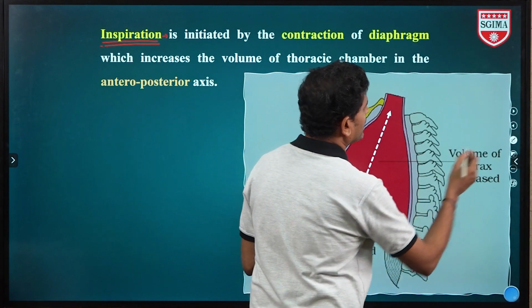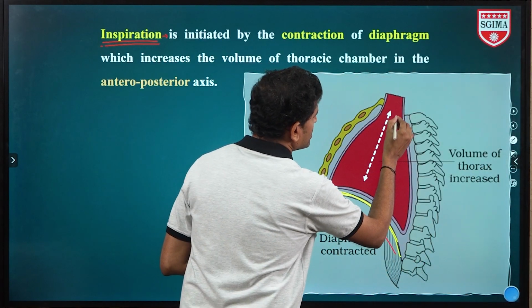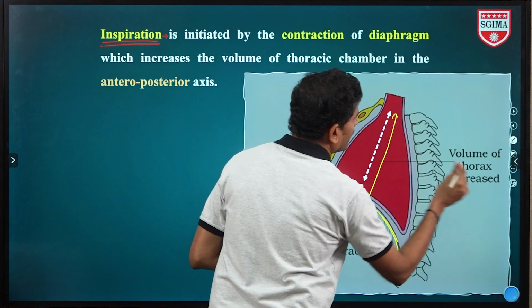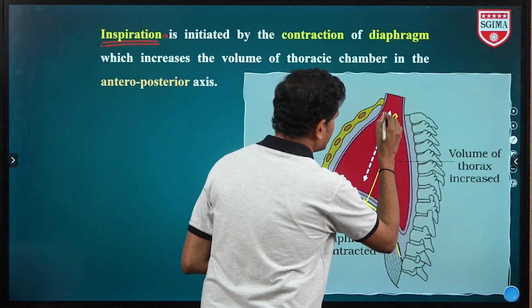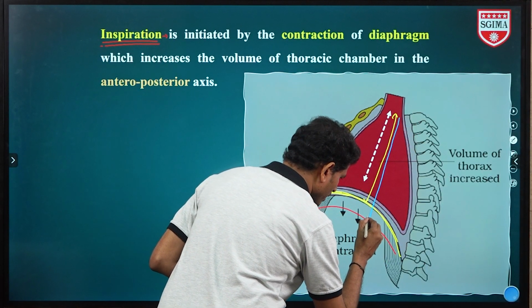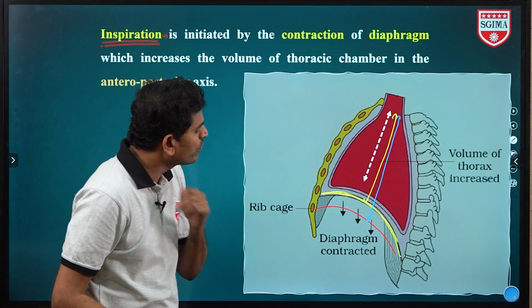Now we can see the old area and the new area. So this is the old area, and taking this, this is the new area. This much area has increased. So by the contraction of which one?